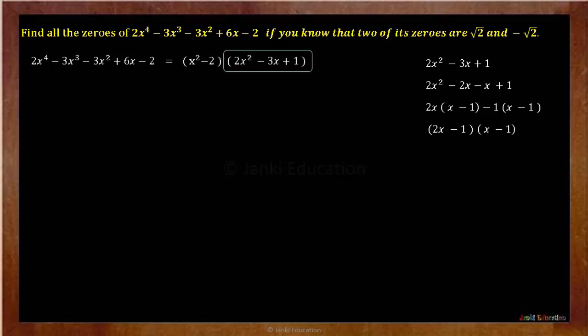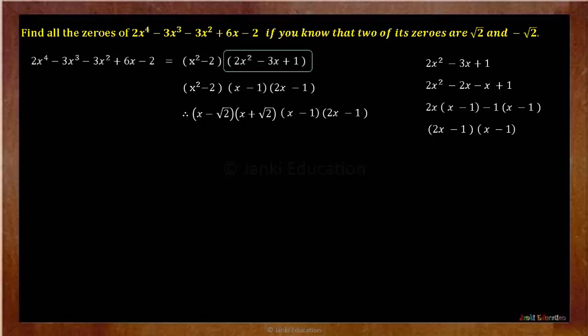As we have discussed, x square minus 2 is already written on behalf of x minus root 2 and x plus root 2, and these two more new factors we got, that is x minus 1 and 2x minus 1.